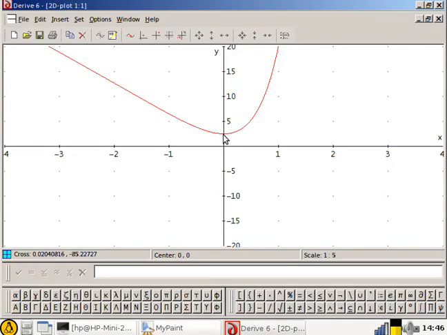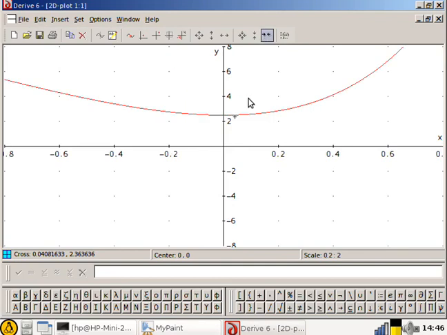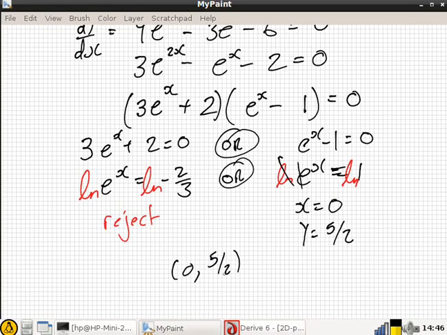So it actually turns out here is the minimum. I maybe should zoom in a little bit here. When you zoom in more, you can see that the 0 is at the lowest point, and it does look to be at exactly 2.5.